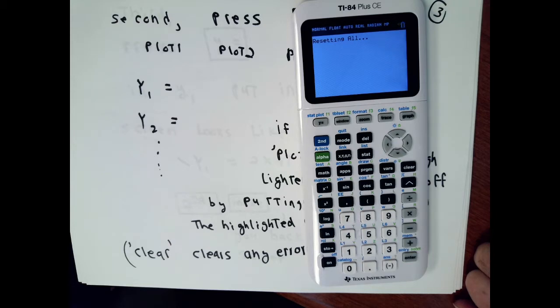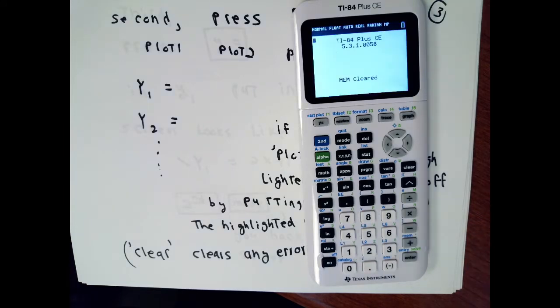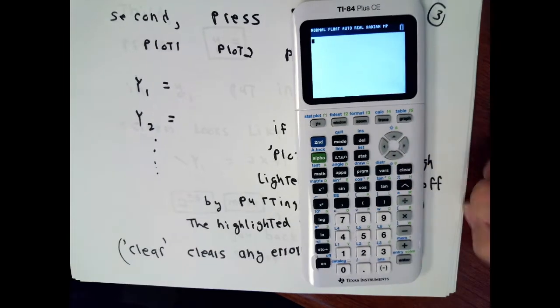Any data or programs that I had stored in memory are going to be completely gone now. So it resets back to its initial screen, the one that you get when you first turn the calculator on when it's new. I'll get rid of this screen by pressing clear.